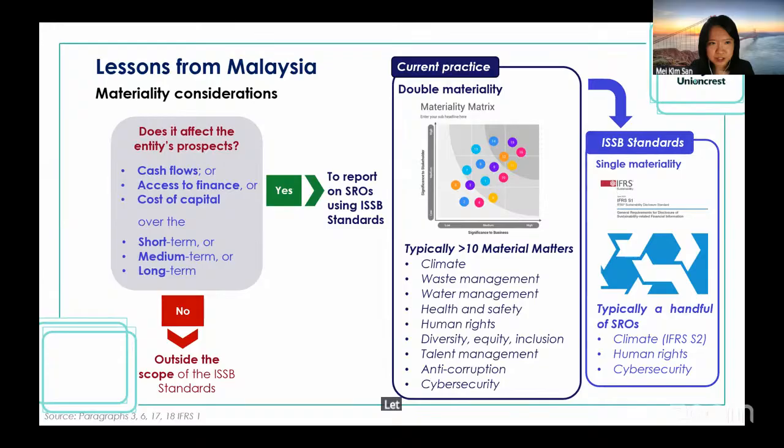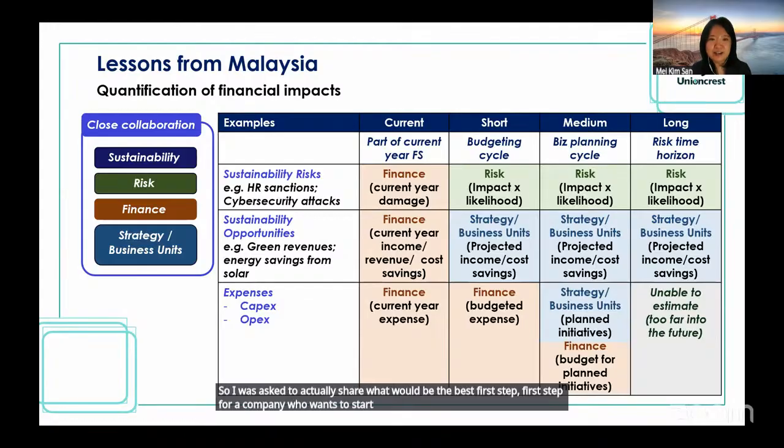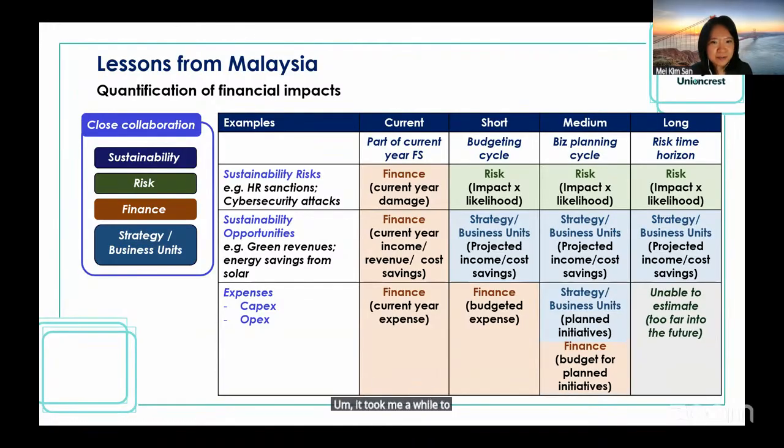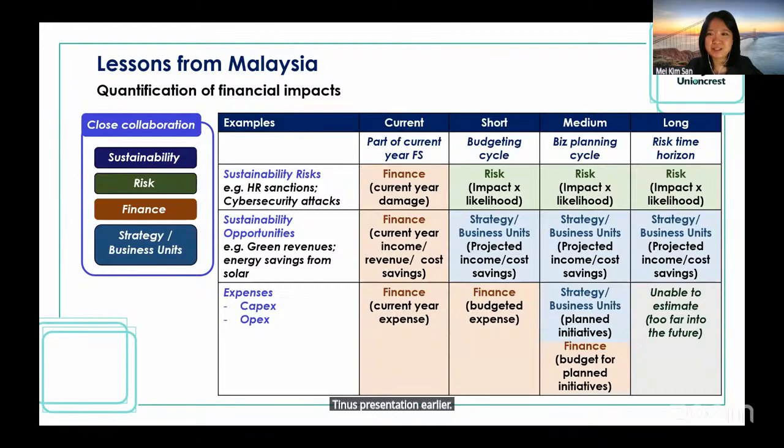Let me cover the next one. I was asked to share what would be the best first step for a company who wants to start on the ISSB. It took me a while to think of one, but to me, this is the critical first starting point, and it builds quite a fair bit from Madam Tinu's presentation earlier.